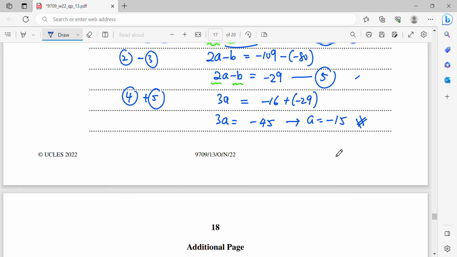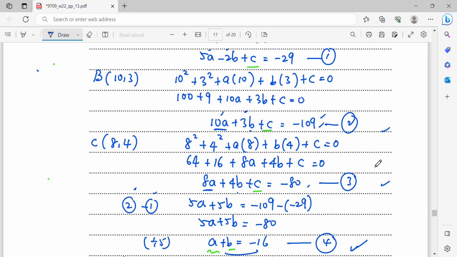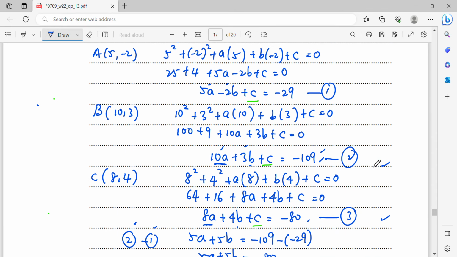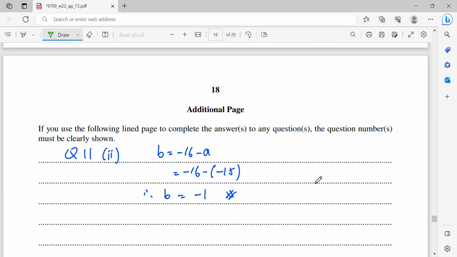Then now we found the a and b. Now we need to find c. So for c, it's very simple. You just choose first, second, or third to replace the a and b. So I will use the first equation. From the first equation here, to get the c, I will move the 5a and negative 2b to the right hand side. So you will get negative 29 minus 5a plus 2b. That is my c.